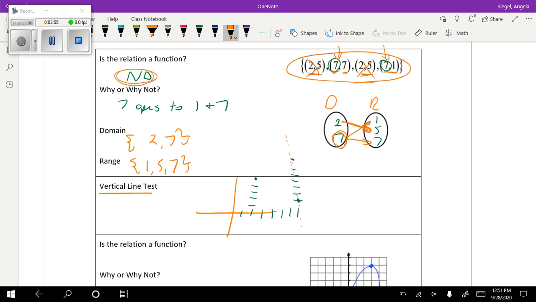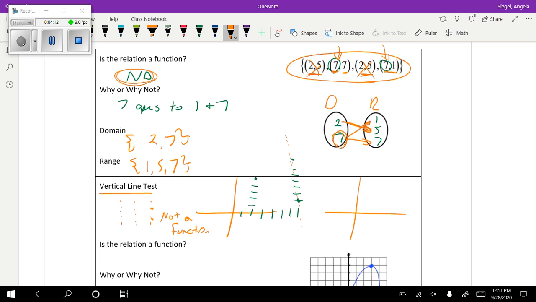What the vertical line test says is that if you draw a vertical line at any point on a graph and it crosses more than one point, it is not a function. If it just crosses one point at any given time, it is a function.